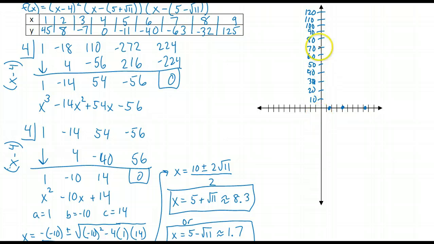And I'm going to count by tens in the negative direction also. 10, 20, 30, 40, 50, 60, 70. I just need to make sure that I go far enough to bracket my range.